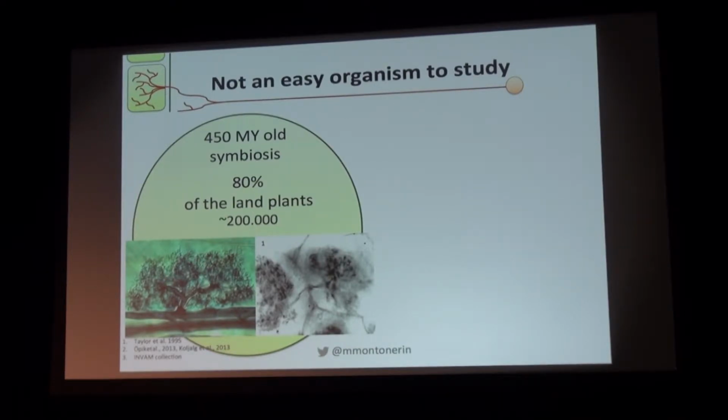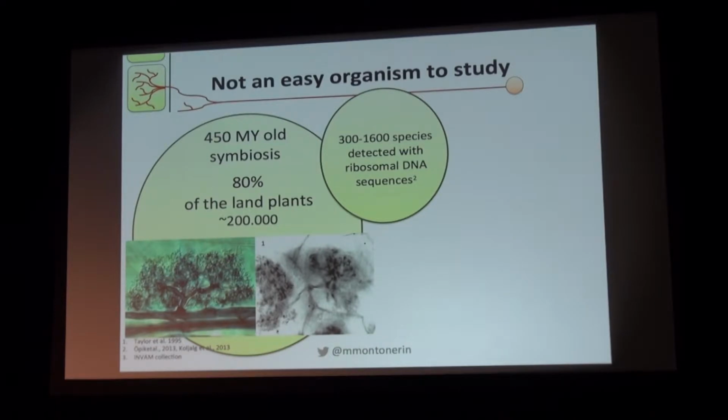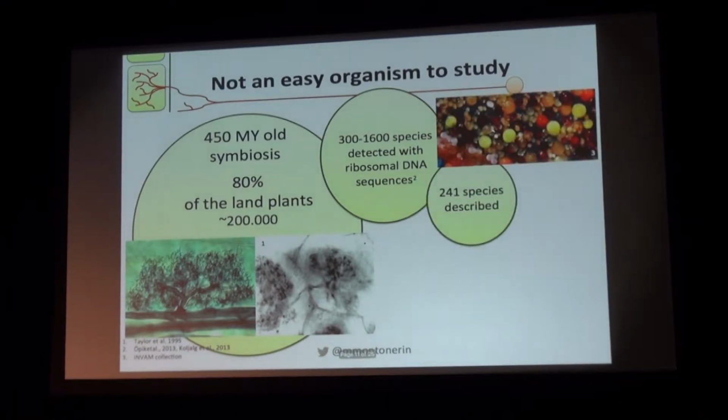Even though it's really widespread around the world, in symbiosis with 80% of land plants, we have detected a bit more than 1,000 species with ribosomal DNA sequences. And of those, only 241 species have been described using morphological features until now. The only things that can be used to describe them are the spore shape or spore color.